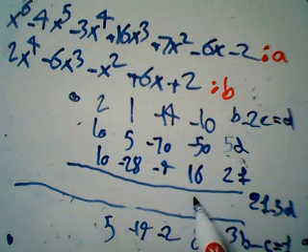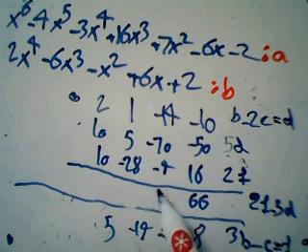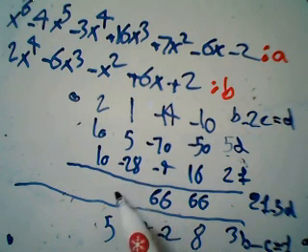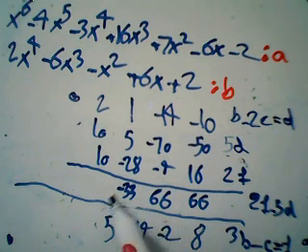That would be 66 minus 4, again 66. This minus this, minus 33, right? Yes. And this 0.